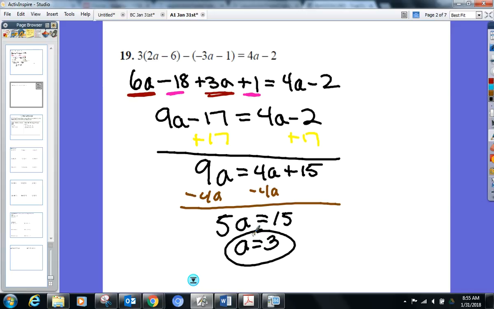In your groups right now, 17 and 18. 17 and 18, please, in your groups. And I want it checked. 17 and 18, I want it checked.